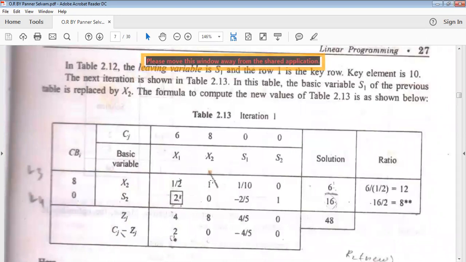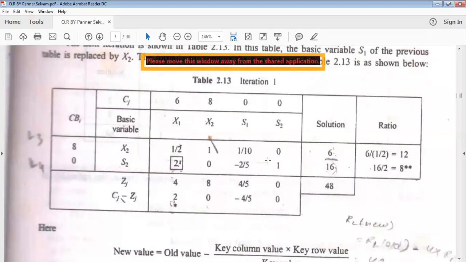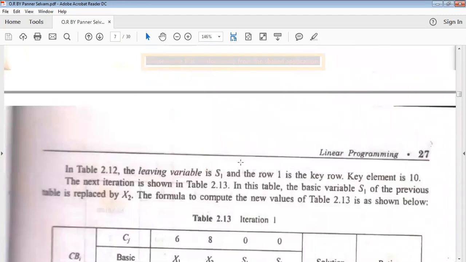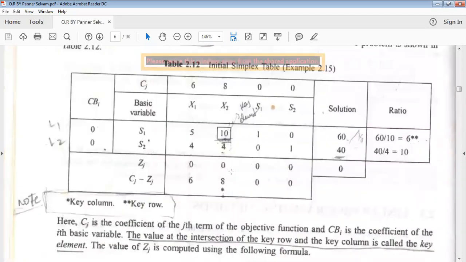Next, after this is over, again you have to convert this into 0, which means the new row 2. New row 2 is equal to old row 2, the previous row 2, minus 4 into new R1. You go to this particular problem. Here a 4 is there, and this is 1.